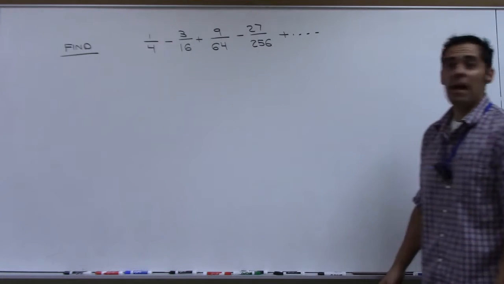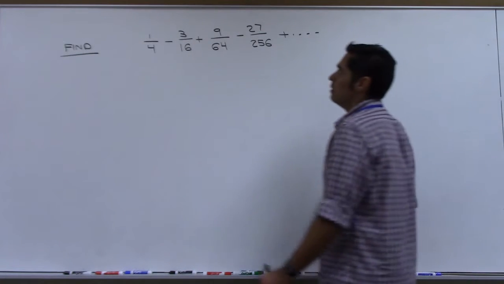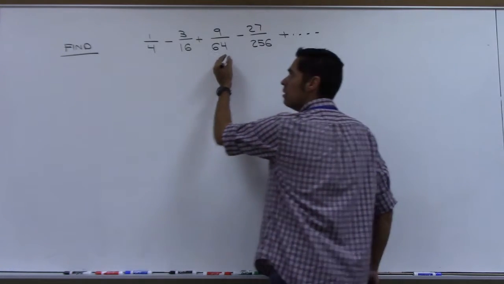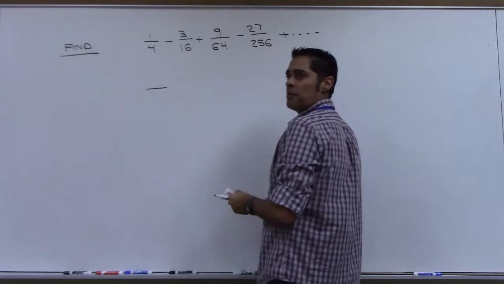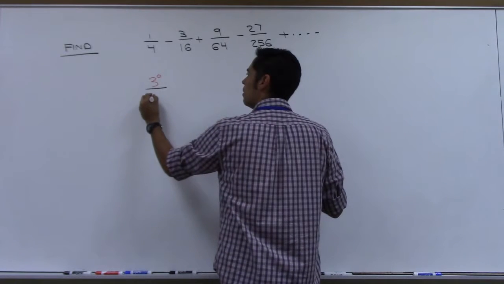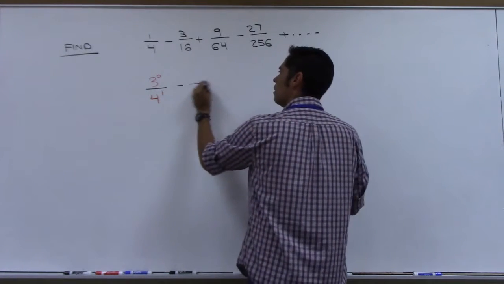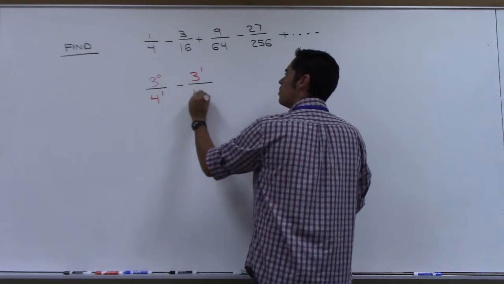Let's see if we can find the pattern, if there is a pattern. Anybody see a pattern? Okay. The denominators are all powers of 4, and the numerators are all powers of 3, aren't they? So this is like 3 to the 0 over 4 to the 1, minus 3 to the 1 over 4 squared.